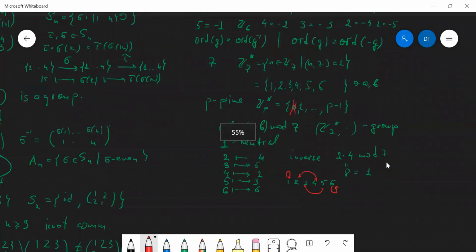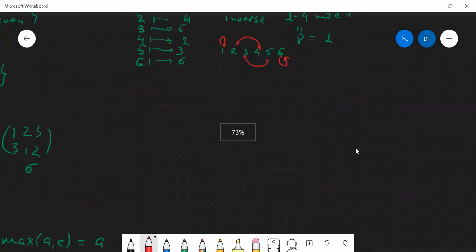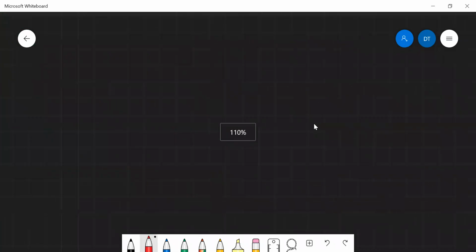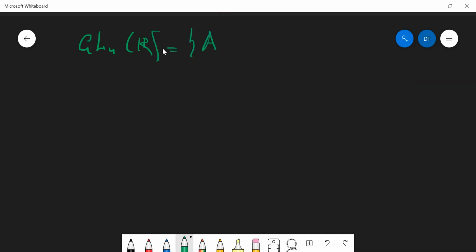Okay, we have some space here. So the next example is the group of non-degenerate matrices, GL_N over R. This is the set of matrices with non-zero determinant.